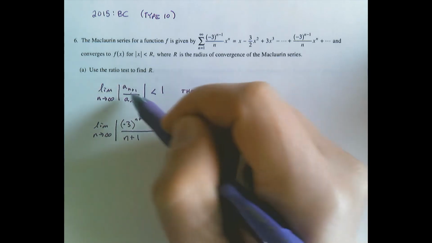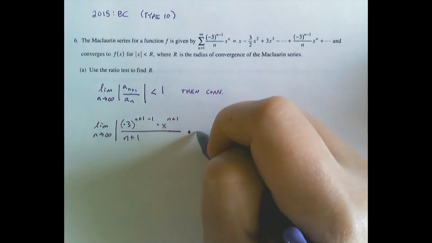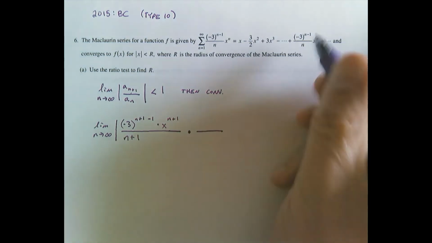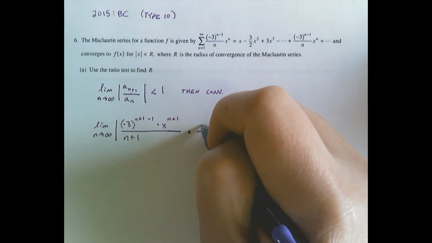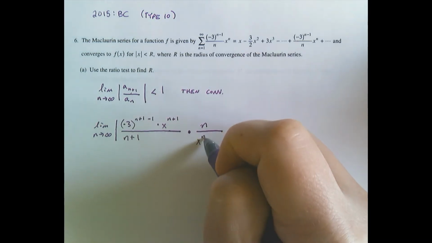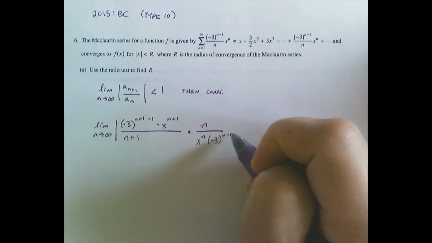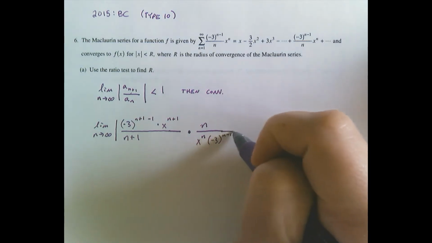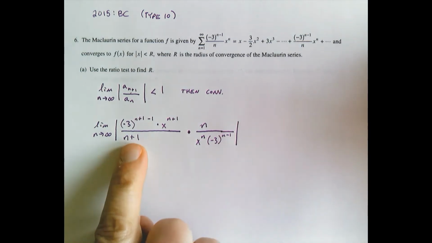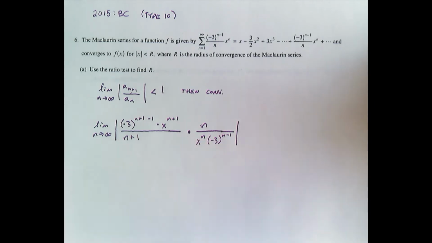To divide by the nth term is the same as multiplying by the reciprocal of the nth term. So we're going to multiply by the reciprocal of the nth term, which means we have n on top, x to the n on bottom, and -3 to the n minus 1 on bottom. So this is our n plus 1th term divided by our nth term, or multiplied by the reciprocal.